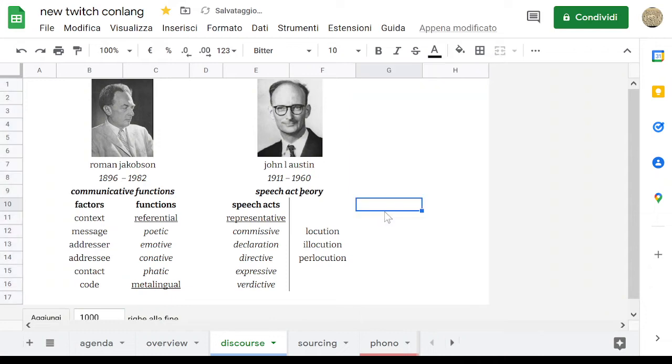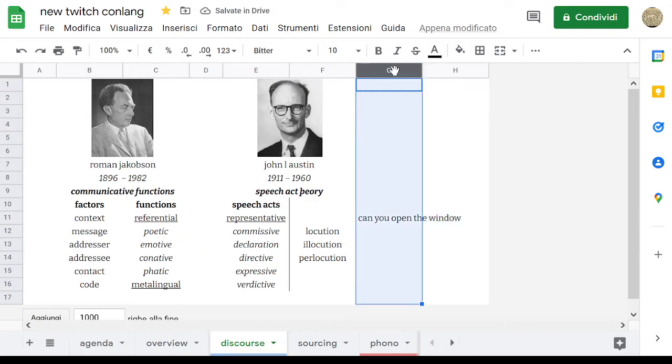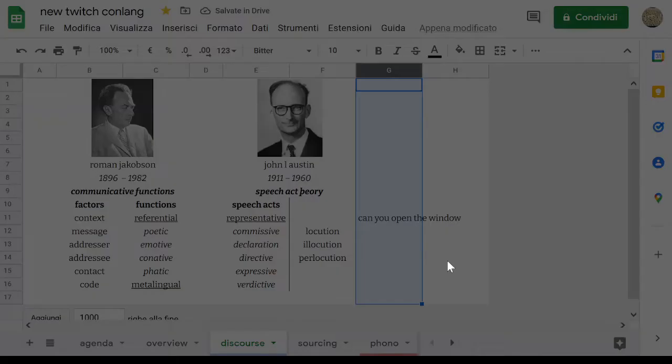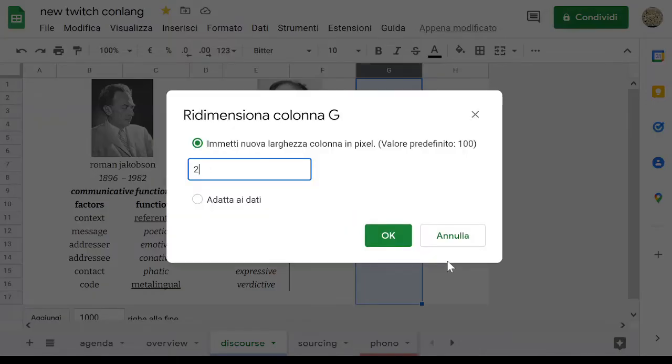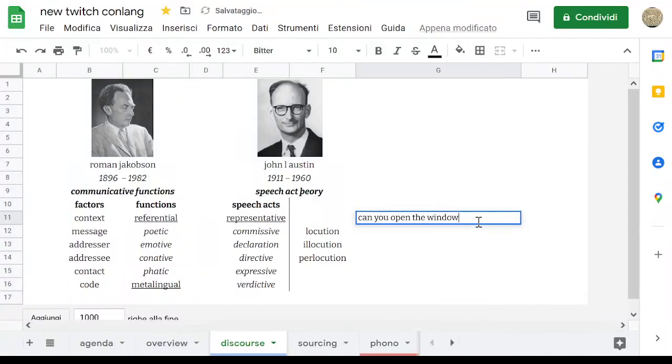Alright, so if I say something like, oh, this is not enough space. I just actually need one that's really big. There we go. Can you open the window?